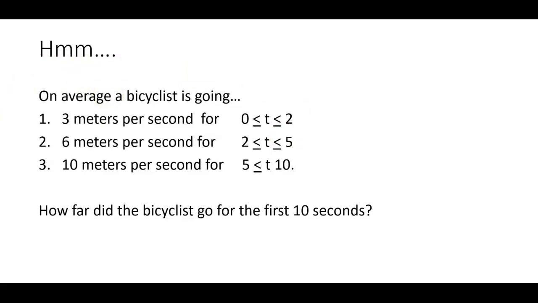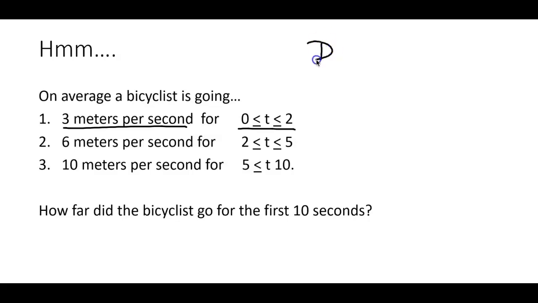Okay, so as you guys can see, I'm giving you the average speed of the bicyclist and a time period at which he's going that speed. So on the time period from 0 seconds to 2 seconds, the bicyclist is going a speed of 3 meters per second. Now, how do you find distance?